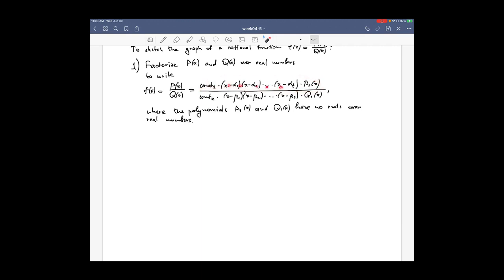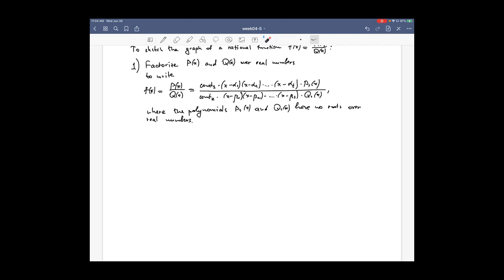You find all roots, whatever the roots of p are, they are alpha 1, alpha 2, alpha t. p1 has no roots. And the same in the bottom. Beta 1, beta 2, beta s are the only roots of q. Polynomial q1 has no roots over real numbers.